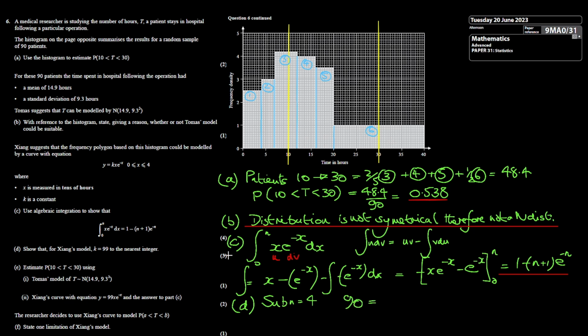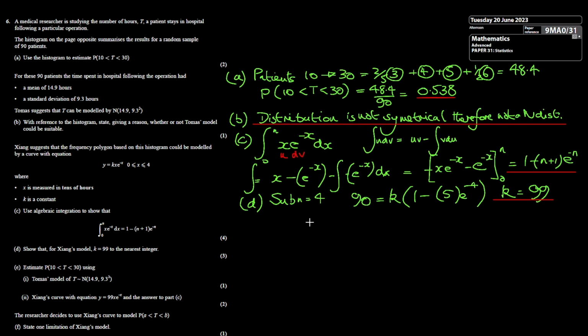So I get that 90, plugging these values into here, must be equal to k, multiplying by this area here, which is 1 minus, n remember is 4, so this is 5 e to the minus 4. And if you pop that lot into a calculator, you get that k is indeed equal to 99, which is the answer they wanted.